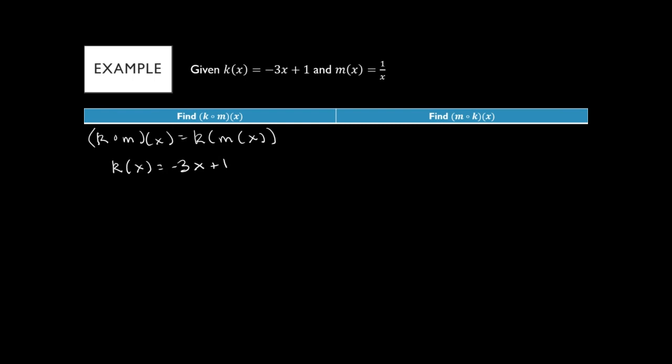And so we are replacing X with M of X. So I'm going to have K of M of X equals negative 3 times M of X plus 1.